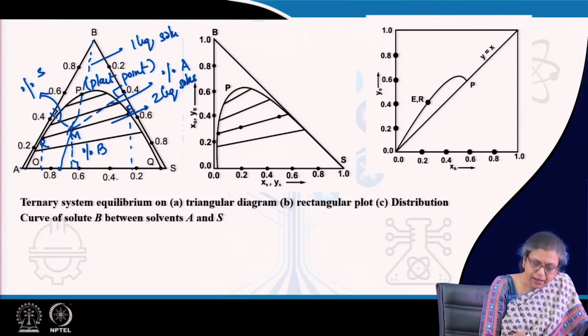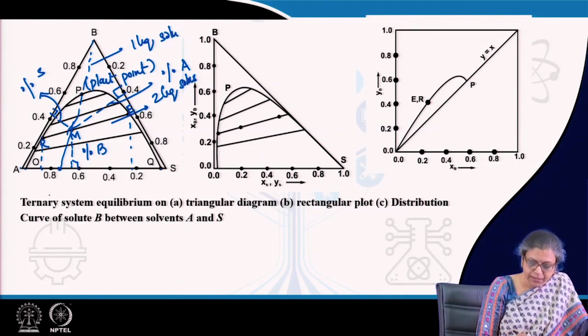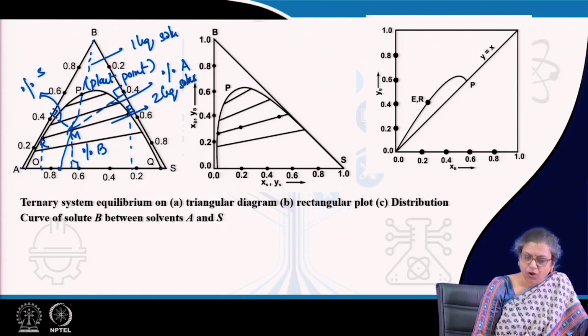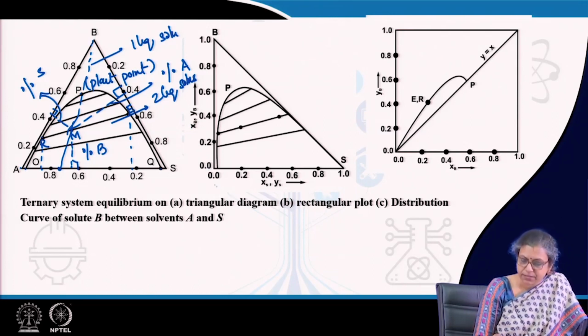Now, there is another much more convenient way of expressing the ternary system equilibrium, where we can express the compositions on a rectangular plot or in a right angle triangle. The composition of component B in the raffinate and the extract phase is denoted by the y axis.